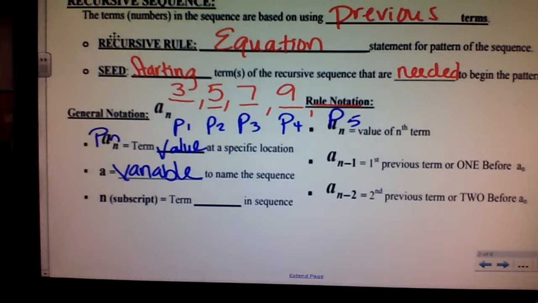But I can use anything I want. N is the subscript, so this is the term location. Where am I looking? Am I looking in the 5th spot? The 27th spot? That tells me where. Yes, that's a variable.